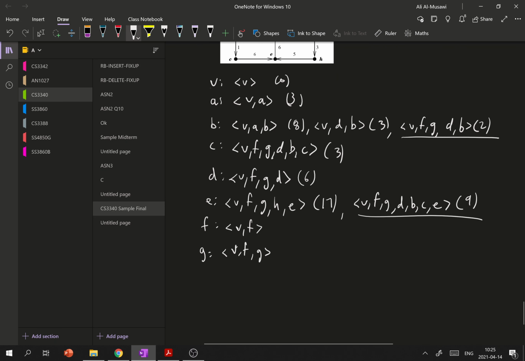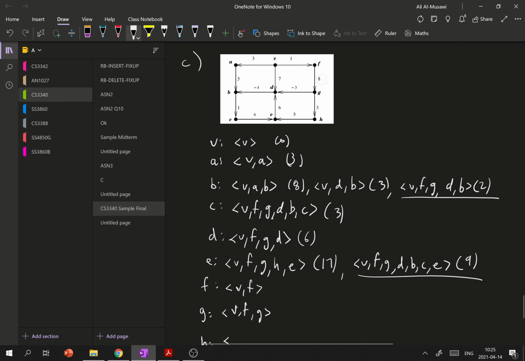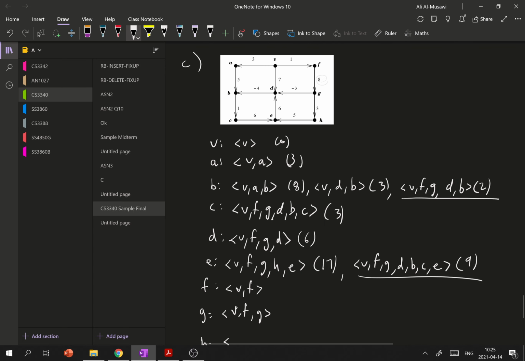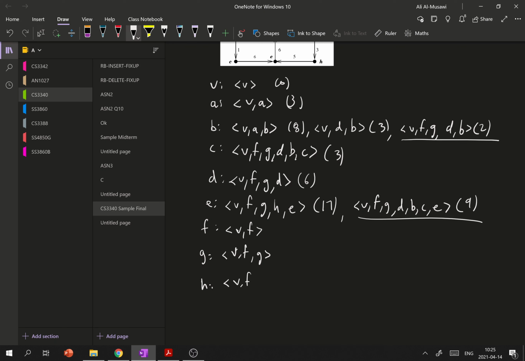What about H? This one is easy. There's only one path to H, which is from G, and I already know the best path to G, which is this one. So VFGH. Okay, and we're done.